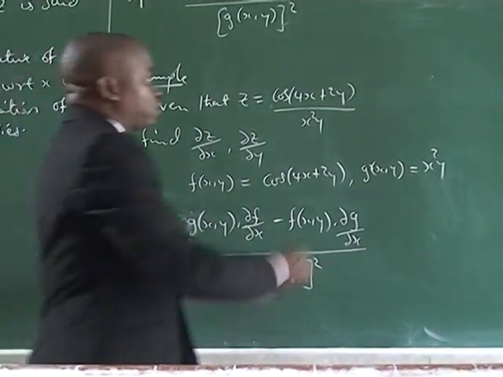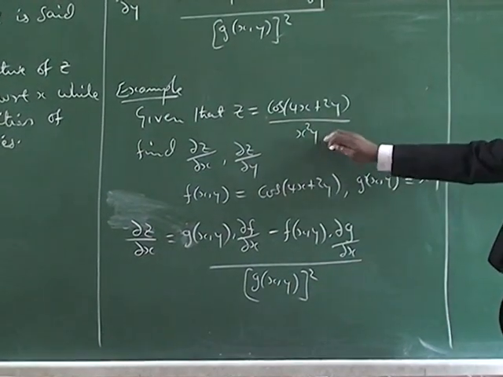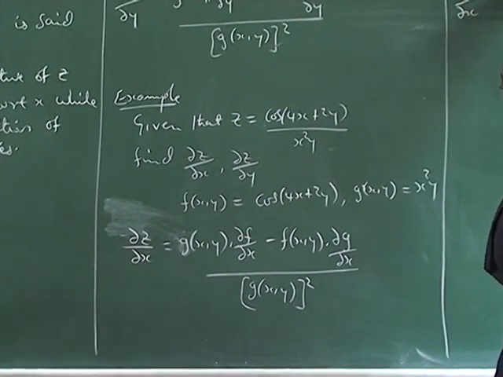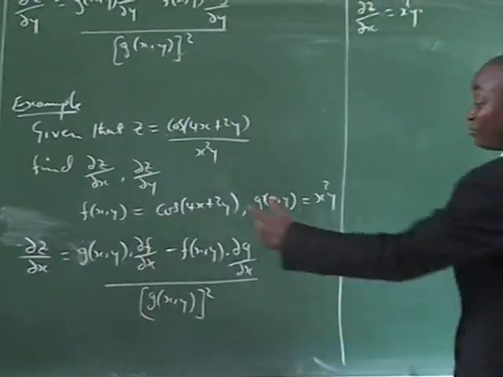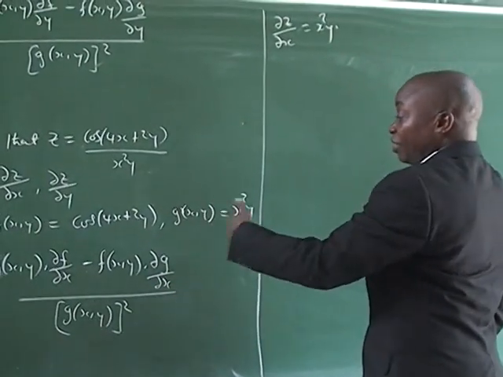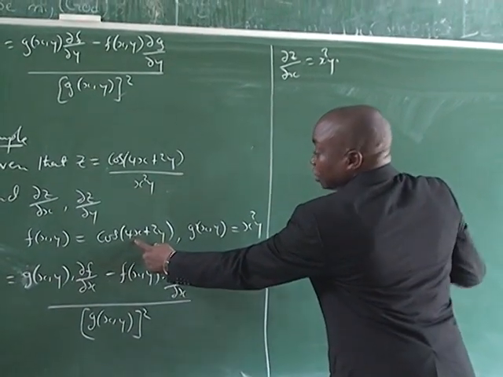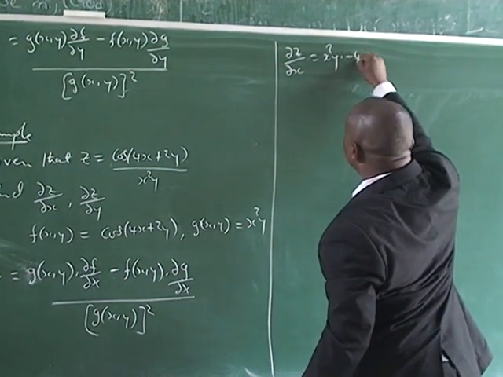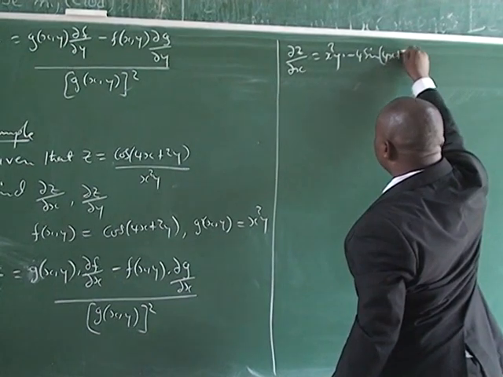So now g of xy that we are keeping is the downside. So we can just see that partial z partial x is equal x squared y. I'm keeping x squared y, then I differentiate f with respect to x. Now if I differentiate this, I will have minus 4 sine 4x plus 2y.